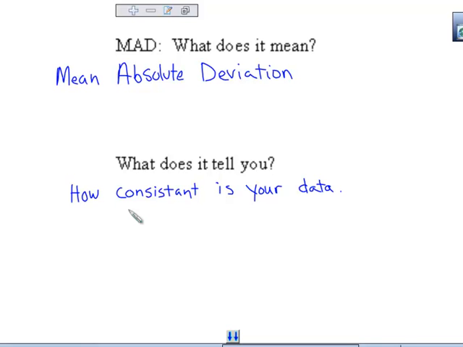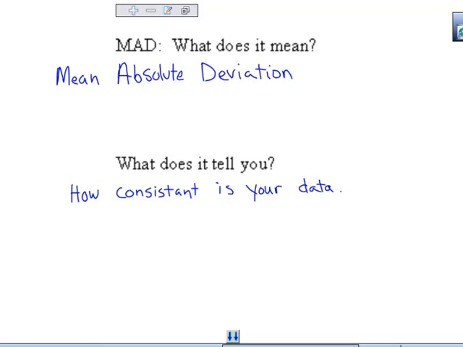Now, after you fill those two things out on your note sheet, you can go ahead and put your pencil down and you can pay attention, because I'm going to show you how to calculate the MAD, or the mean absolute deviation. So instead of saying mean absolute deviation, you're just going to hear me say MAD, because MAD is a lot simpler to say.